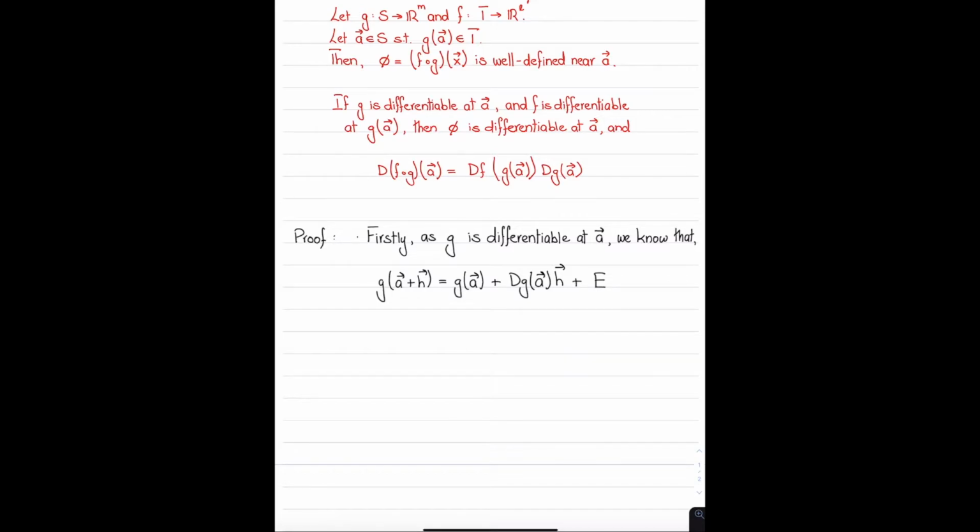This is also sometimes called the error in the approximation, which is why it's denoted with a capital E.